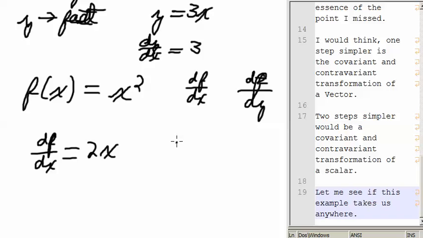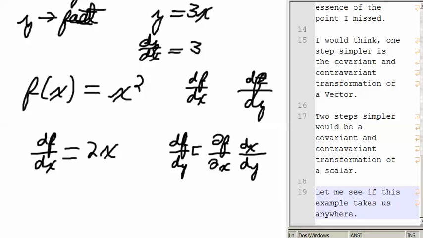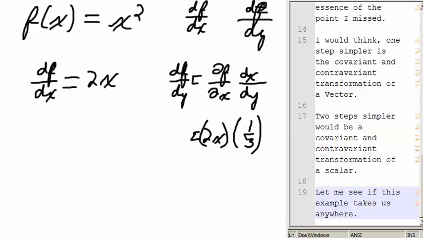But df/dy is equal to del f/del x times dx/dy, which is going to be 2x times del x/del y, which would be 1/3, which would be 2/3 x.